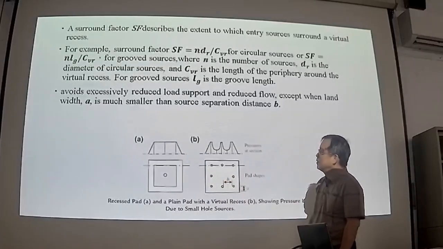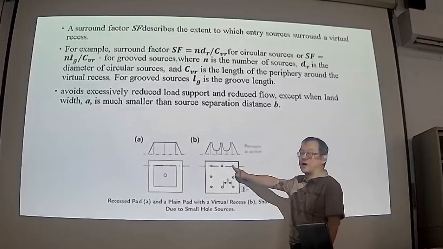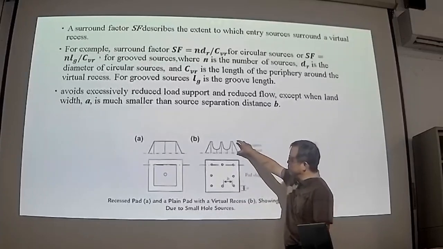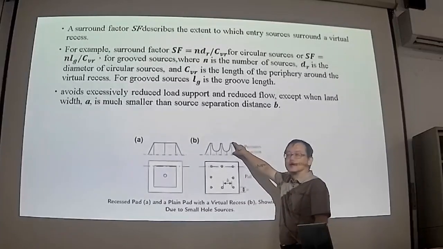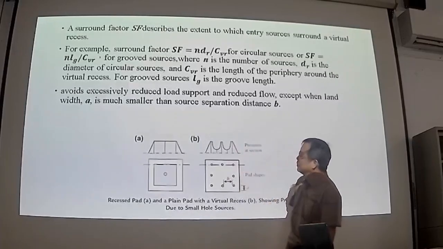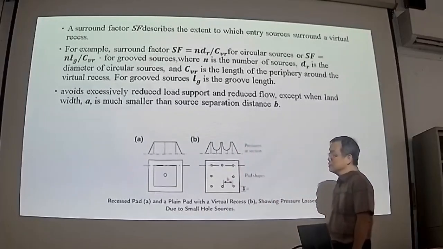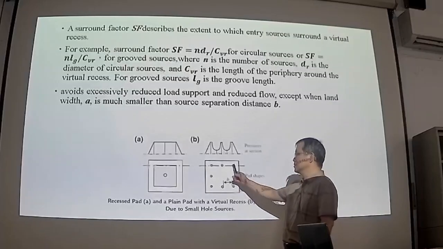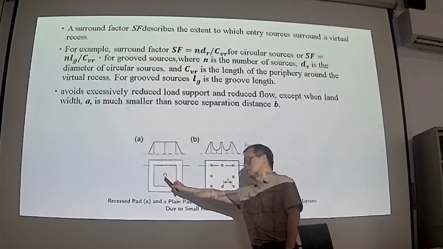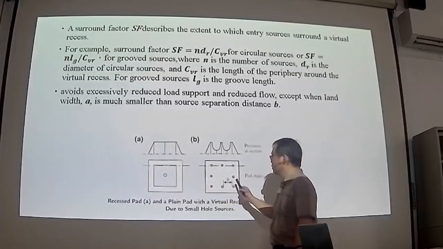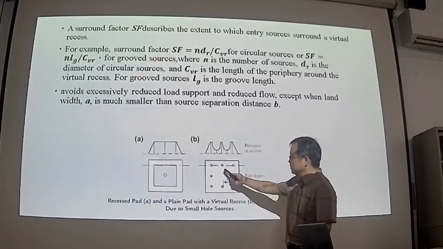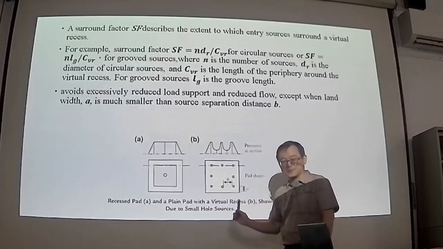Okay, and at each outlet of the air supply hole you will have a high recess pressure. So in this case, this is only one example we have here. A kind of design is called the virtual recess.